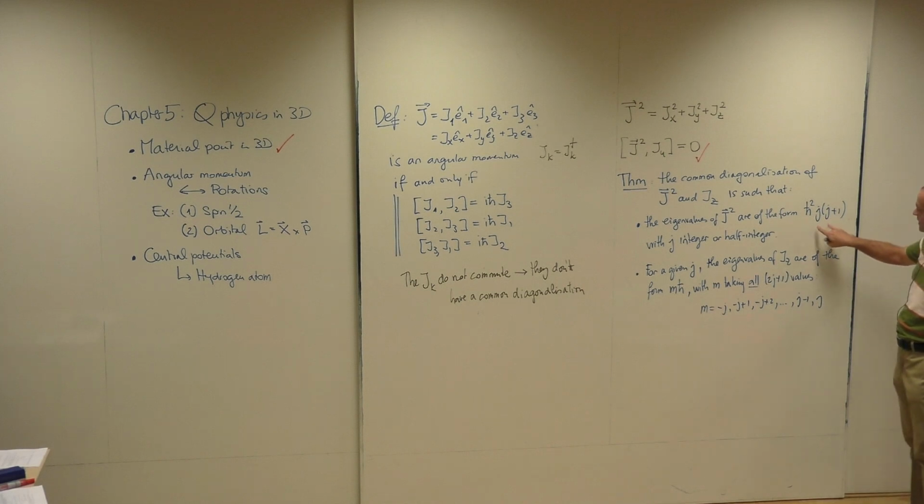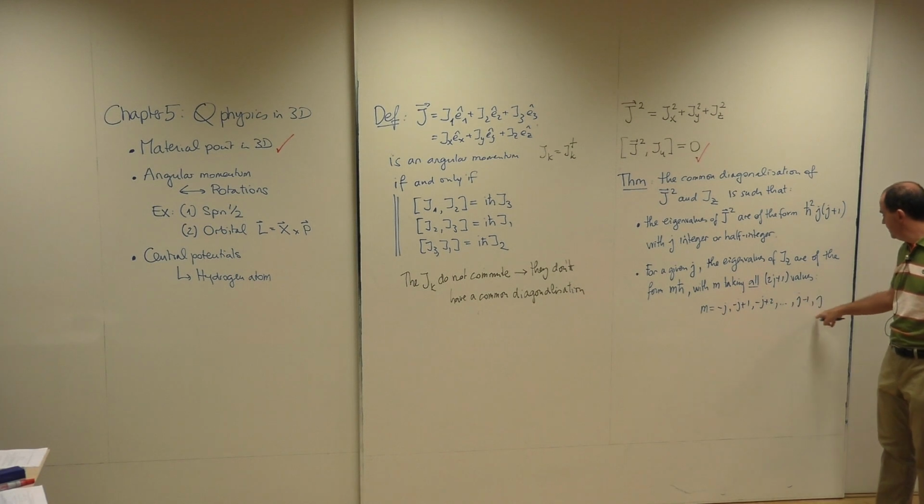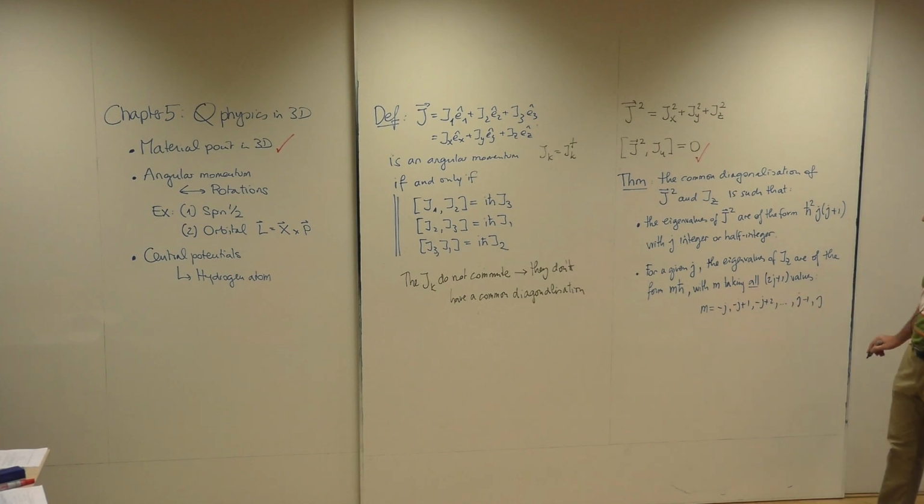And you can check if these guys are integer or half integer, the sequence is well defined, and there are indeed 2j plus 1 numbers.